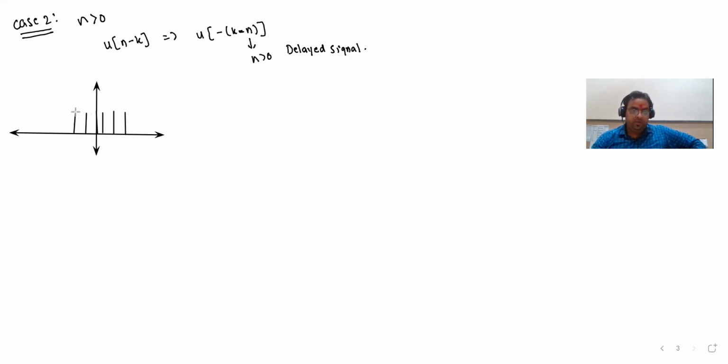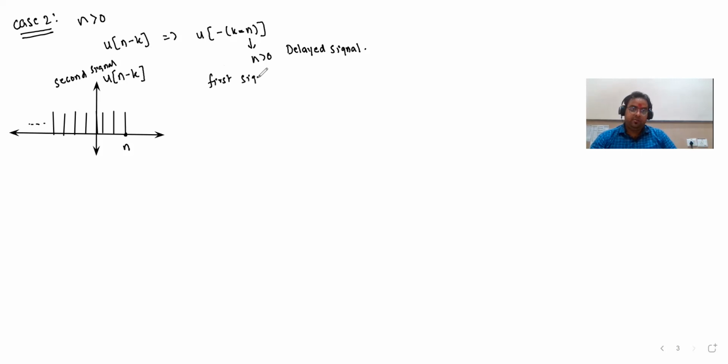I hope you will understand what is going on, I mean, what's the value and so on. This is going to be our u of n minus k, where this value here is going to be n. And the second signal, our first signal, okay, this is our second signal, that is already delayed and shifted and so on. Now I'll draw the first signal.